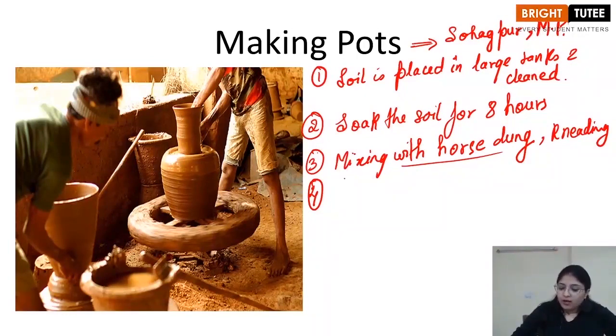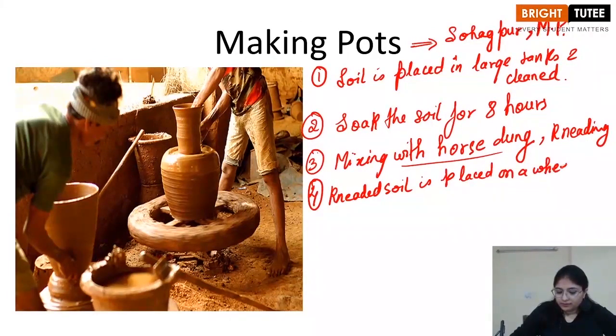But first of all, once we have mixed the soil and kneaded it properly, then what we are going to do is keep the kneaded soil on a wheel, and an appropriate shape is given.